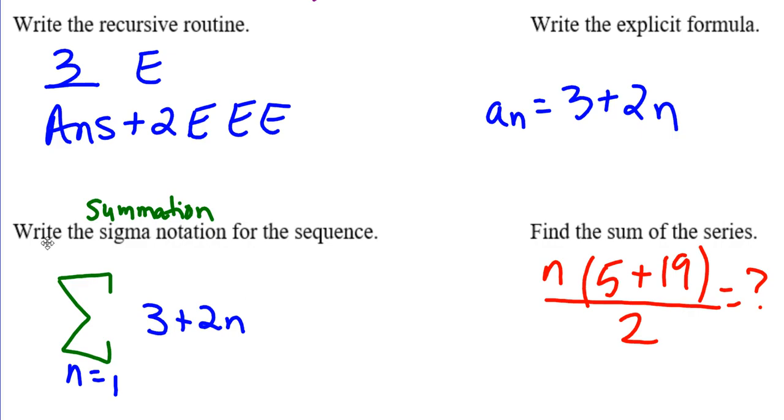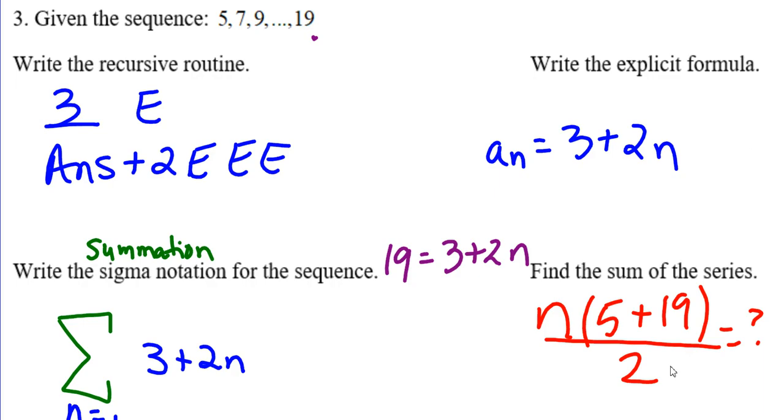And we've got to figure out, well, again, what term number does 19 represent? Well, if you recall, 19 came from that pattern 3 plus 2n. So if I undo this, that will tell me the term number 19 is in my sequence, so I could finish my sigma notation, and I also can finish the calculation for the summation of the series.